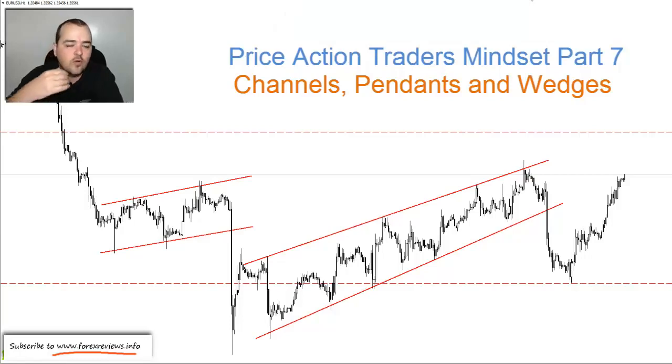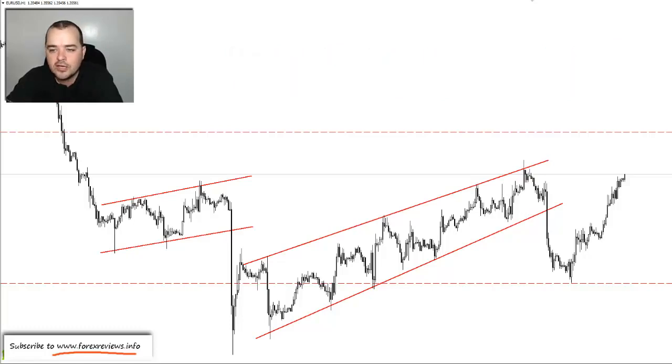Now these form on a daily basis and they're great for intraday trading, just for short-term trading. You don't have to use them for long-term or anything like that. They're really great for getting bias on the lower than 1 hour time frame. And like I said, they form on a daily basis. This is how a lot of intraday traders trade.